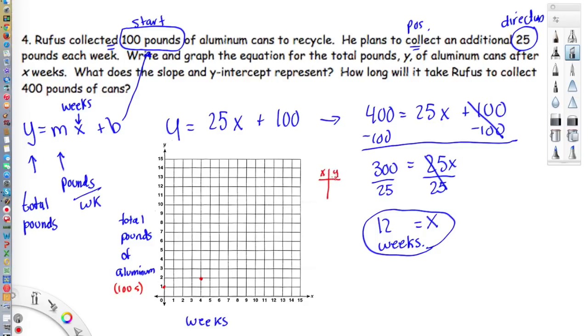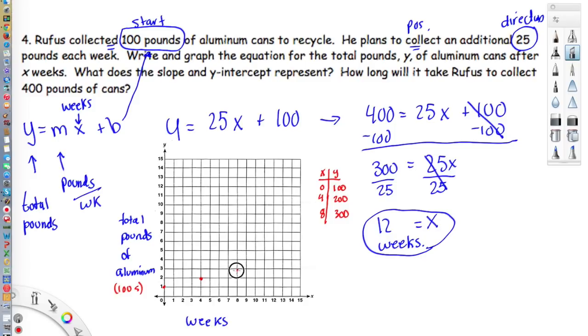So I'm going to go over here. This is my x, this is my y. When x is 0, y is going to be 100. When x is 4, y is going to be 200. When x is 8, that would be 25 times 8 is 200, plus 100 is 300, so we're almost there. So 8 would put me up another 100.